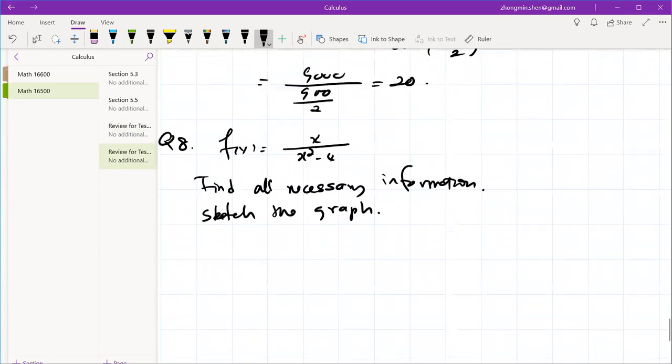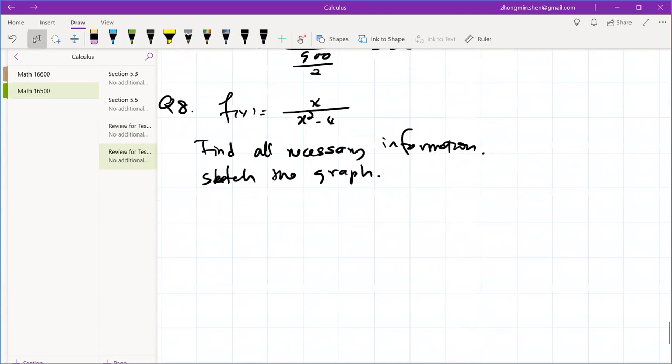What I'm trying to show you is it's not necessary to find the derivative when you sketch the graph. But if you want to know the precise location of the maximum point or minimum point, then you should find the derivative and get the values, get the coordinates, okay? So take a look at this function.